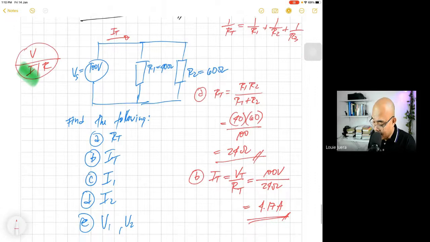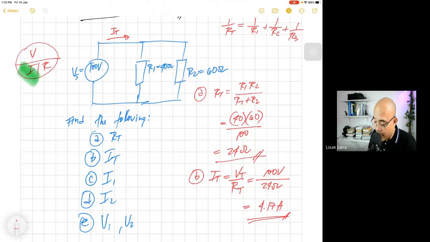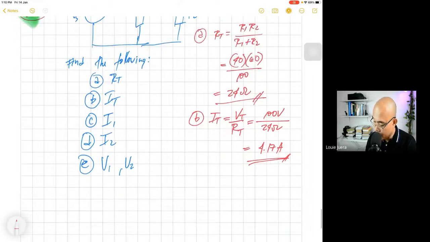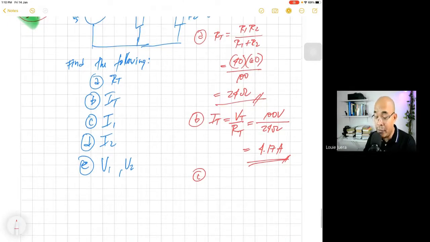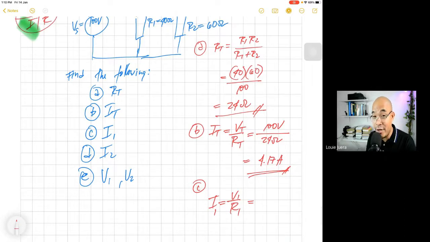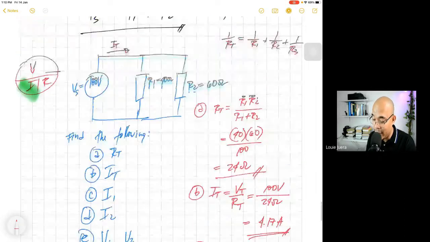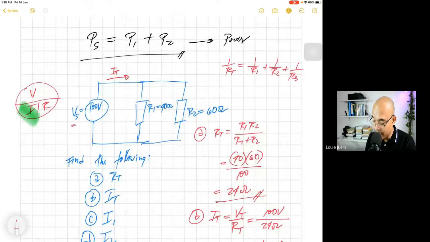Now, let's try to find the I1 and the I2. There are other ways to solve this, but the easiest way is to follow what we've done in letter B. So I is equal to V over R. Since we are interested in finding the I1, this should be V1 and this should be R1. And take note, in letter E, the V1 and the V2, since they are connected in parallel, the Vs is equal to the V1, which is equal to the V2.